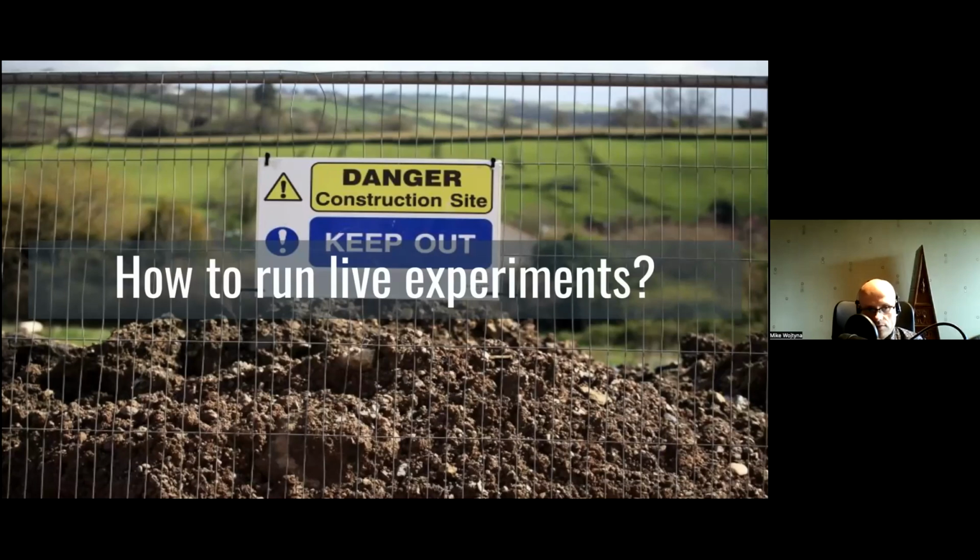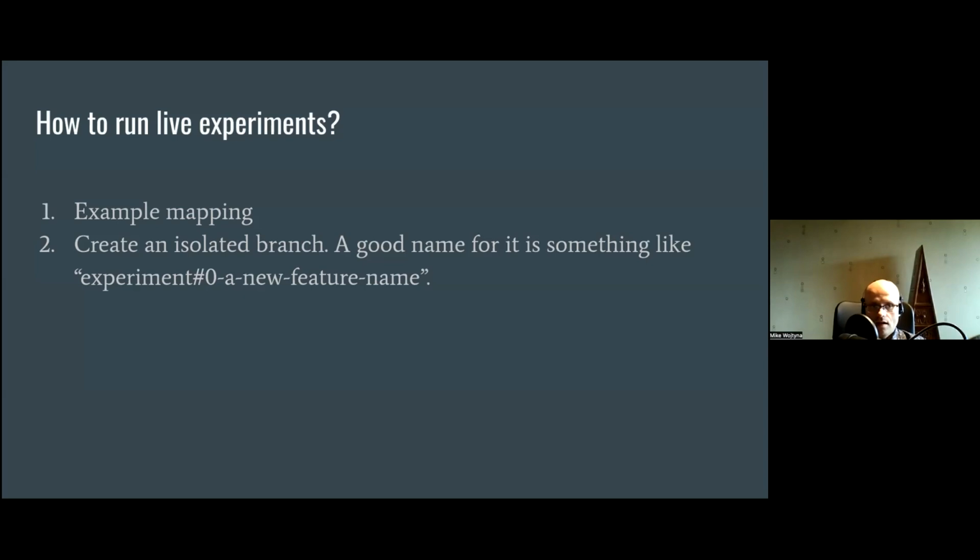So that was about the initial experiment. Now, how to run live experiments. Experiments usually work on brownfield, on a developed project of some maturity. So we start the same. We do example mapping, but then we create an isolated branch. And a good name for it is something like experiment 0, some number, and then the name of the feature.